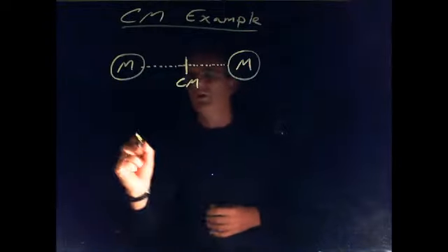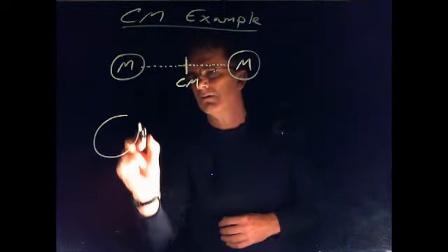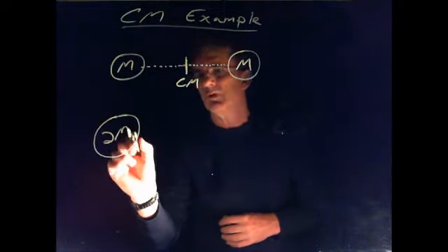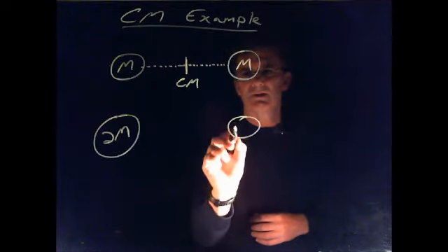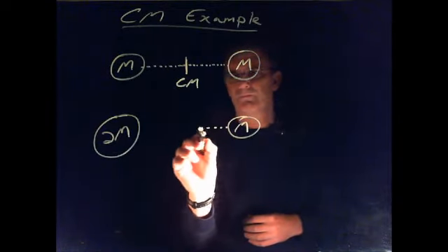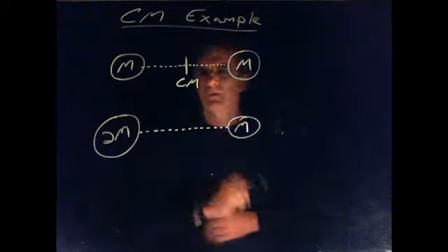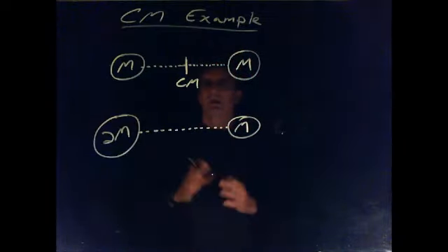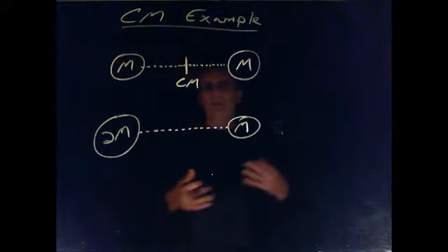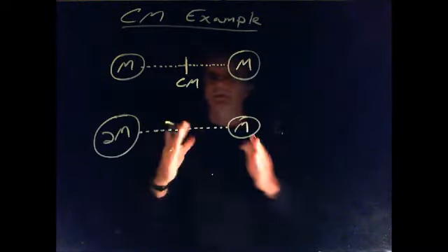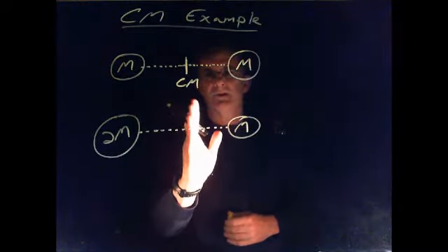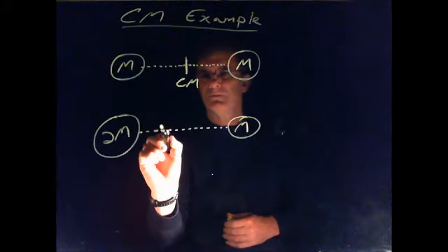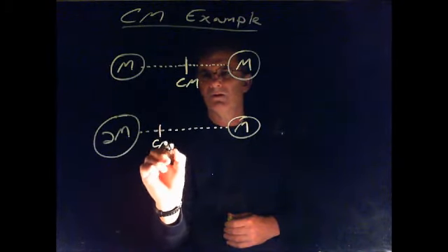If one star was twice as big as the other star, the center of mass is going to be shifted a little bit. If you think about the balance point or a teeter-totter, the center of mass isn't going to be right in the middle. It's going to be shifted maybe over to here.